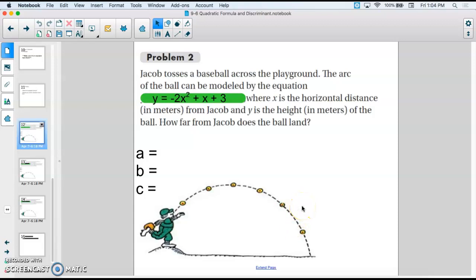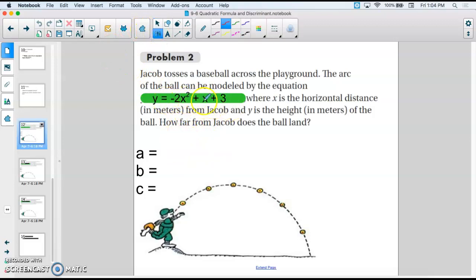They're trying to figure out how far away it's going to land, stuff like that. Other examples are playing those old battle tank games where you need to fire the projectile up in the air and hit your opponent. All those things are modeled by quadratics, and we solve them with the quadratic formula. So let's get right to it.